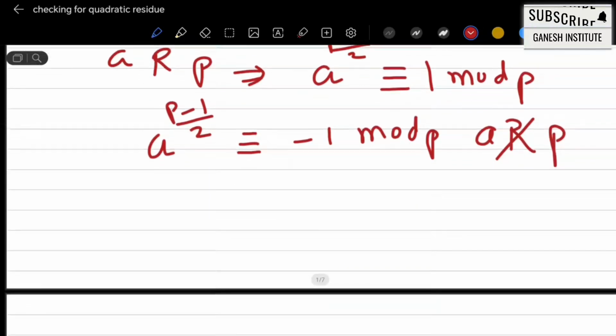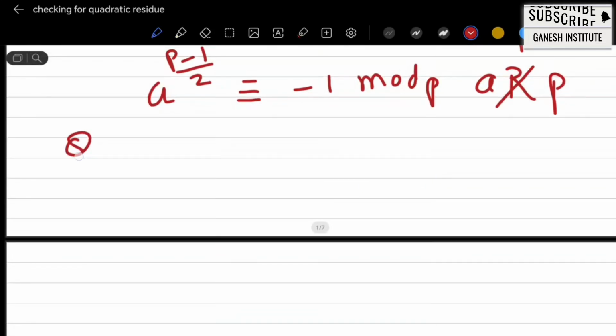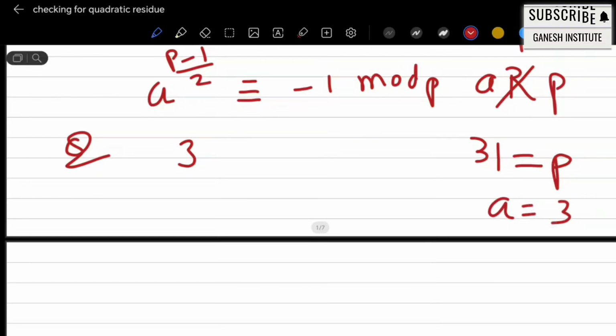Okay, let's try one of the questions. You have to find out whether 3 raised to power 31. So 31 is your prime number and a is 3. You have to check whether a is a quadratic residue modulo p or not.